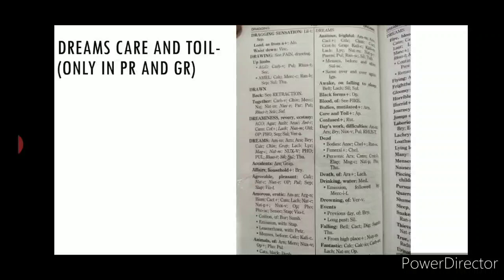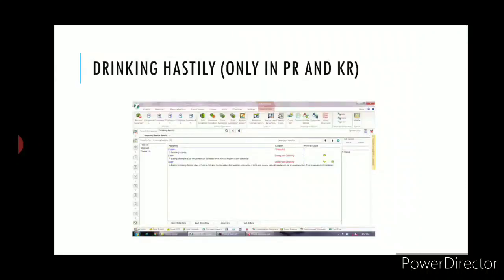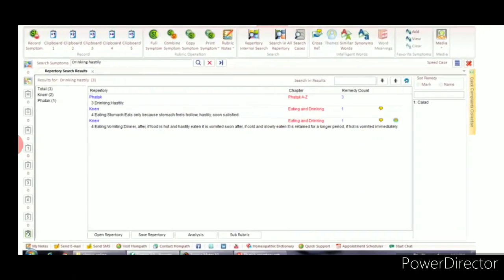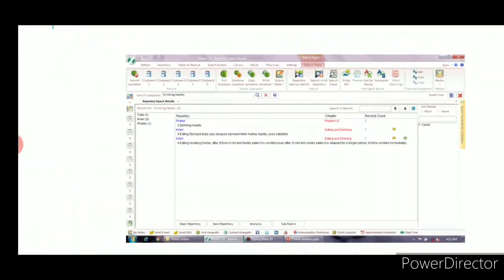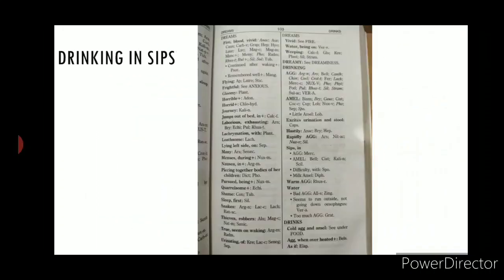Then dreams of care and toil. This rubric you will only find in Phatak and in Gentry's repertory. Now drinks hastily. Drinks hastily you will only find in the Nair and Phatak repertories. Then drinks in sips, or drinks with sips of water.